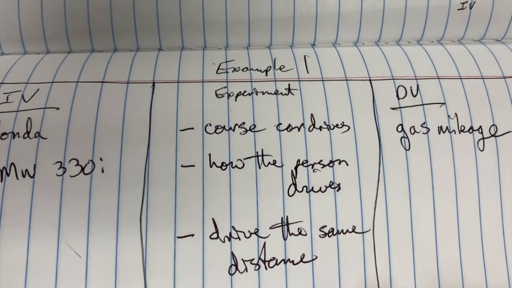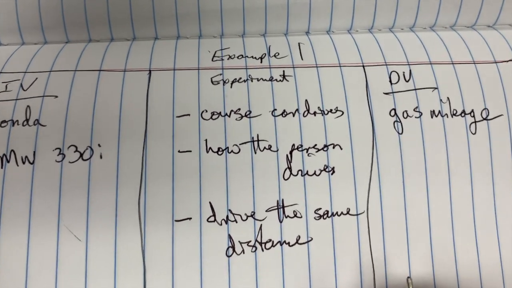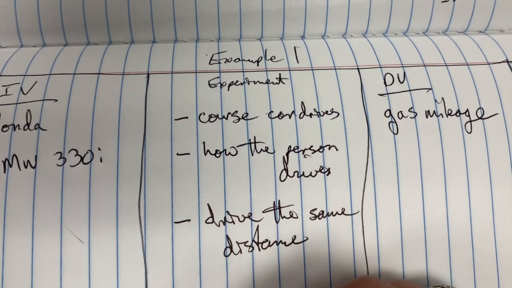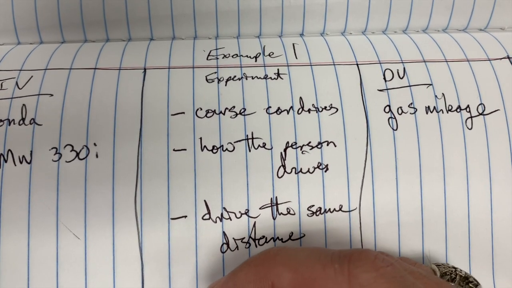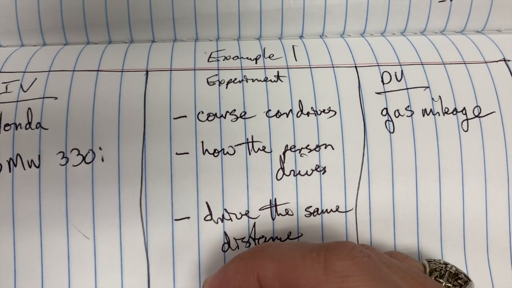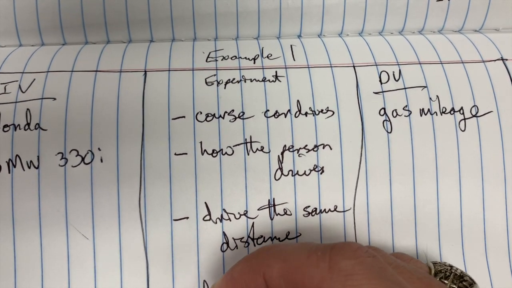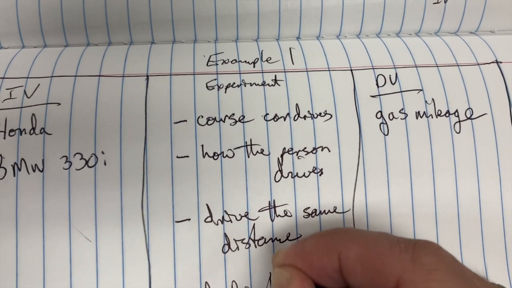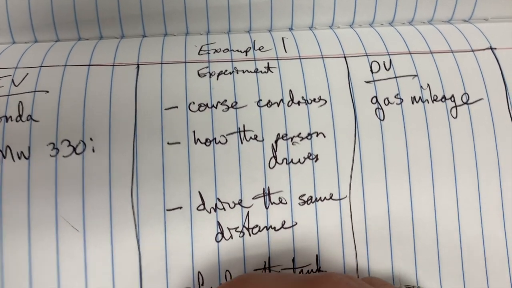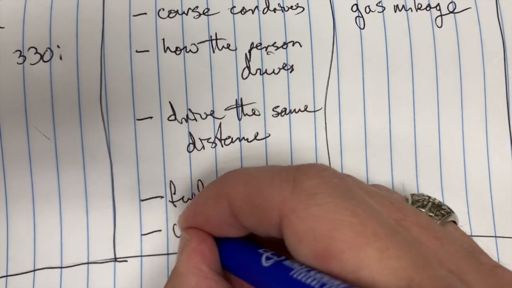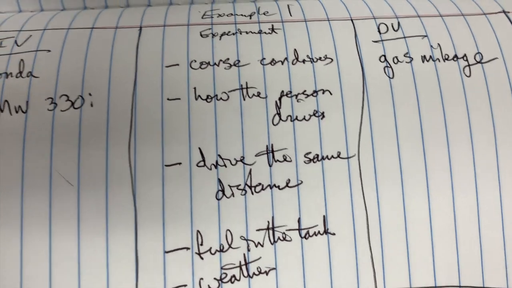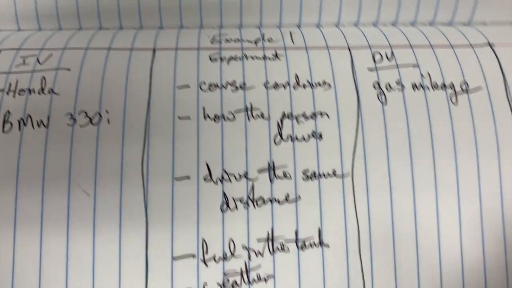And we may want to ensure that parameters like how much fuel is in the tank, and course conditions like weather, are as much the same as possible. So those are some things we want to control.